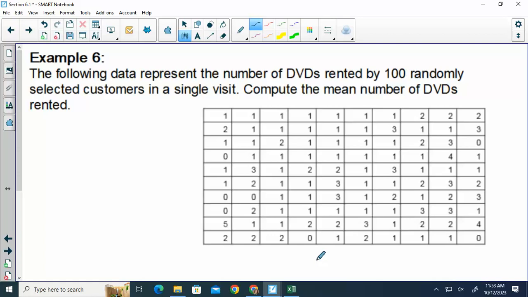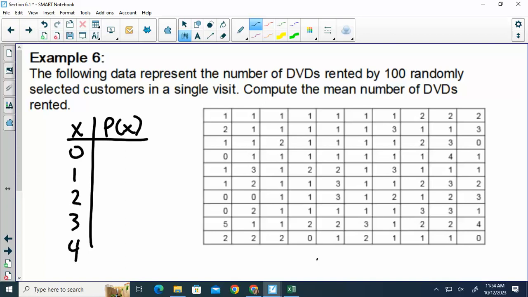If we wanted to make the table for the probability distribution, we'd have to list our x and the probability of each. And so we have outcomes like 0, 1, 2, 3, 4, 5. And how would I find the probability of those? Count them, divide by 100, that gives me the probability.